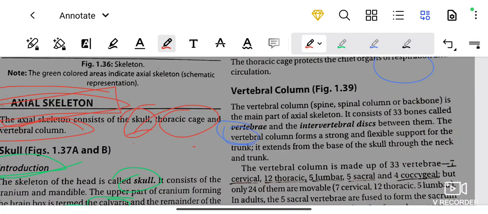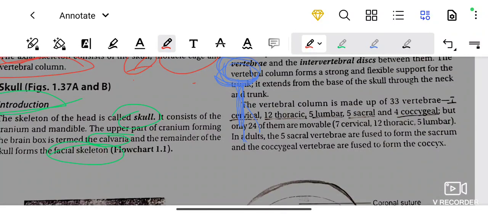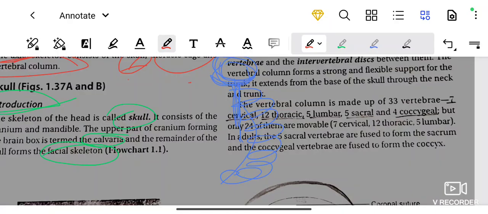This is the skull base. It extends from the neck near the base of the skull, through the neck and trunk. This type of structure will be formed. This is the vertebral column.